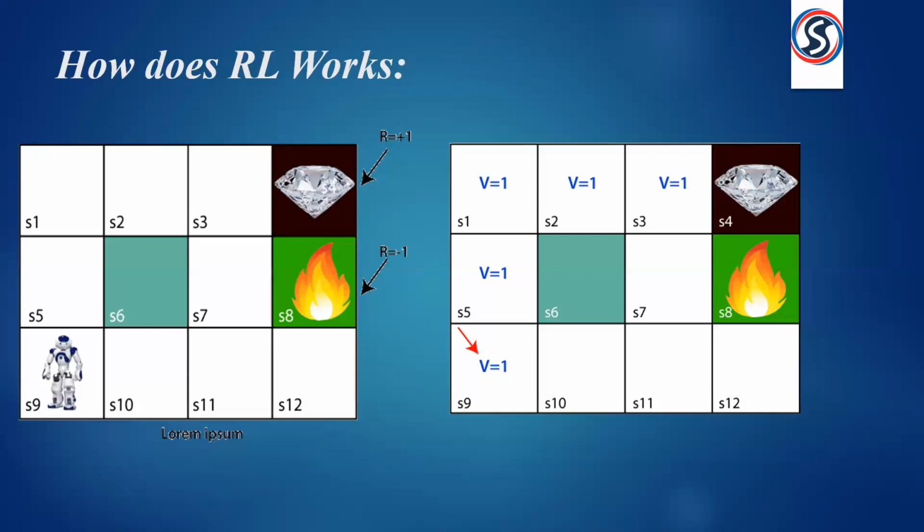The policy based approach is to find the optimal policy for the maximum future rewards without using the value function. If the agent chooses the right action, it will get maximum positive feedback or reward.